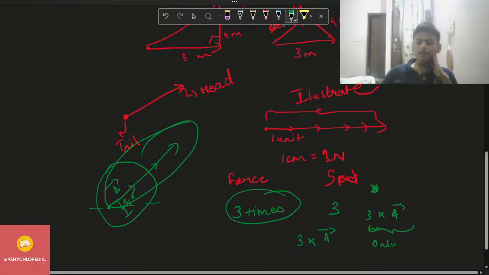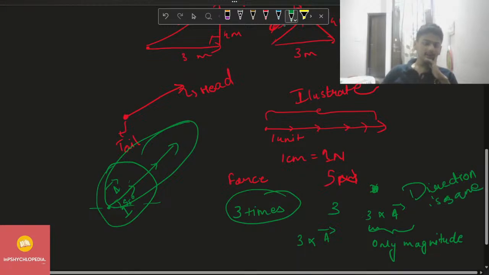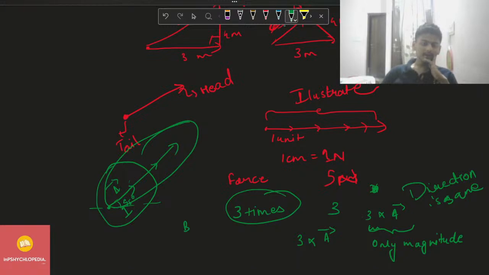Only magnitude is getting affected, and the direction is the same. Like this is a vector, it is 45 degrees from horizontal. If some b vector is 3 times this, then b vector is also 45 degrees from horizontal, and we can write b vector is equal to a vector into 3.